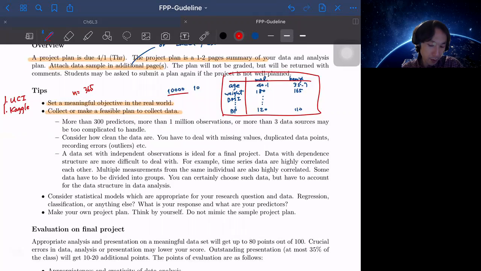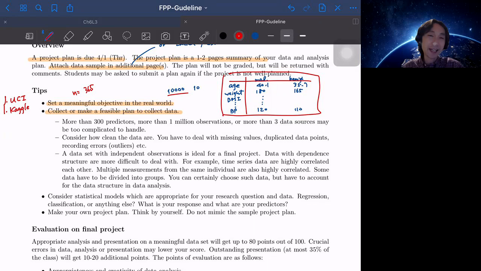Some students download the data from the CDC, the Centers for Disease Control, and one student really liked the bars, so I think she downloaded some data from some website. I don't know, probably a national website. So that kind of data is more interesting.